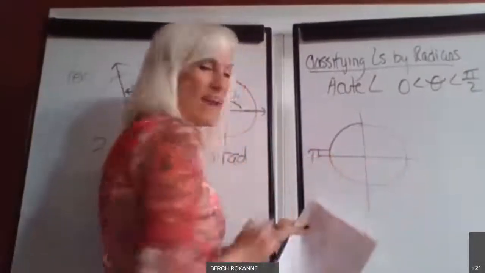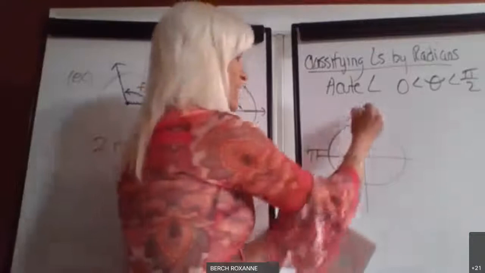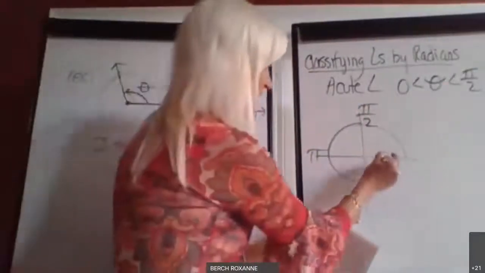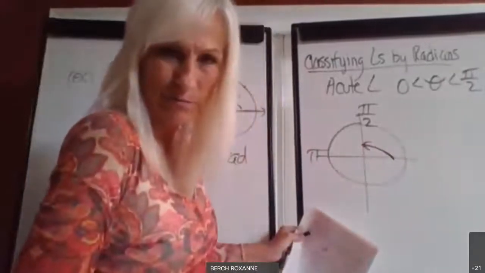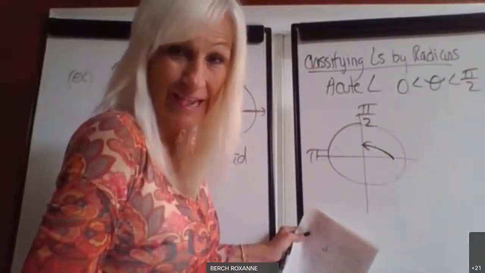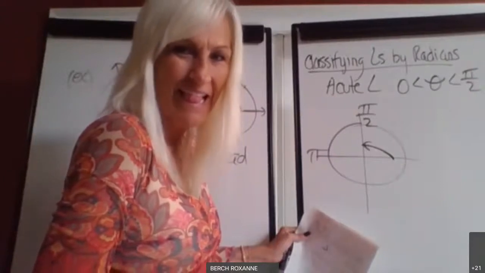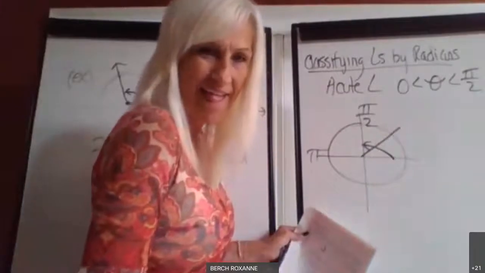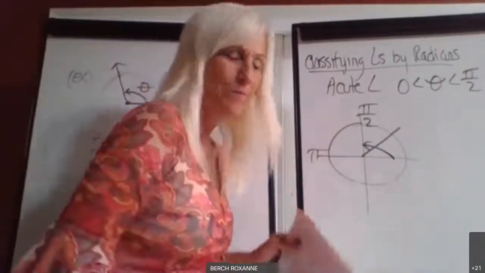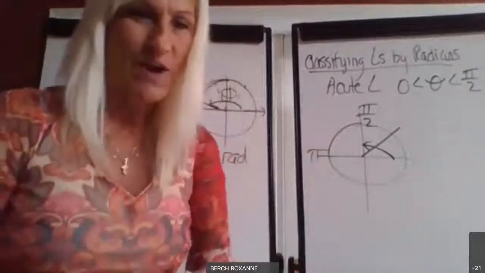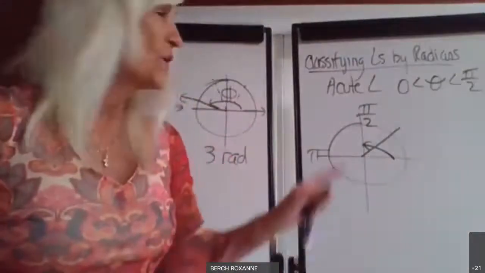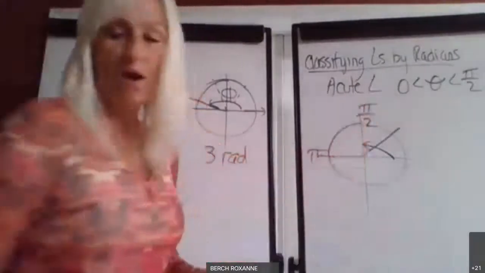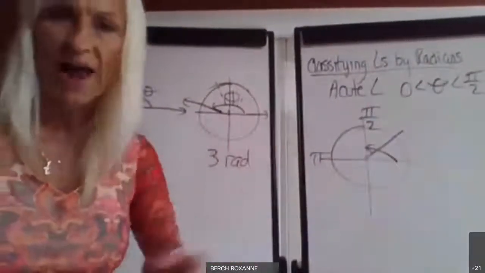If this is pi radians over here, wouldn't this be half a pi? Wouldn't this angle be half pi? Yes. And wouldn't this angle be a fourth of pi? Follow me? So an acute angle has to be in the first quadrant, and it would be between 0 and pi over 2, or half a pi.